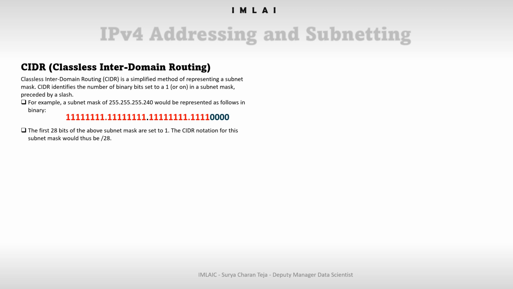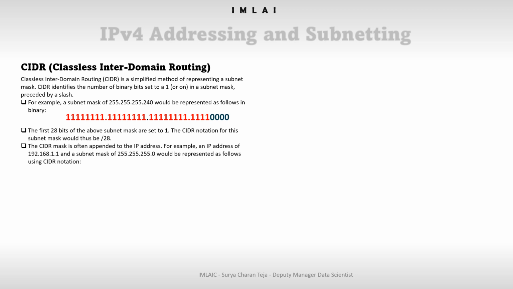Now, normally the CIDR mask is often appended to the IP address. Then we get the complete form of the IP address and CIDR notation together. Let's take one example.